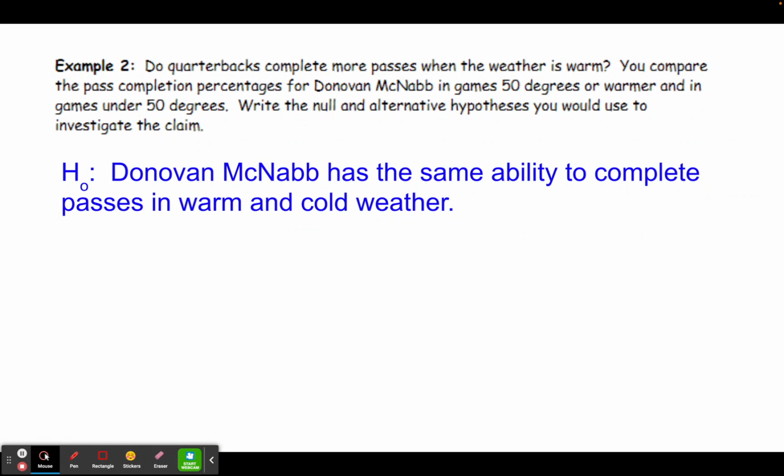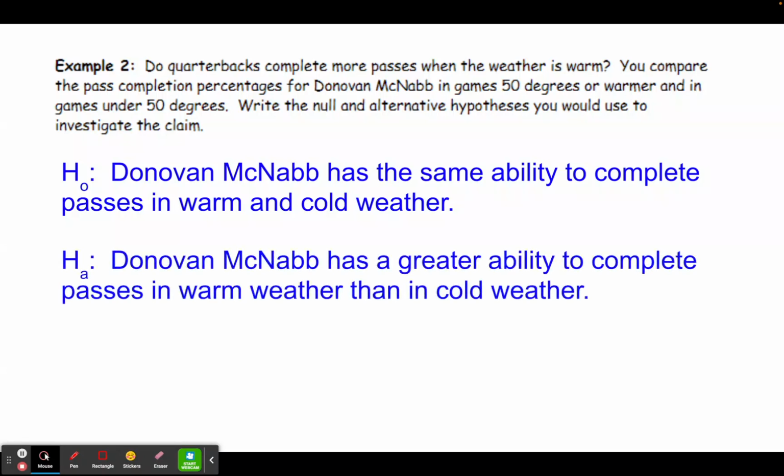So it's not his ability to win games or his ability to rush for more than 100 yards, it's his ability to complete a pass. Our alternative is Donovan McNabb has a greater ability to complete passes in warm weather than in cold weather. You could also say he has less ability to complete passes in cold weather than warm weather.